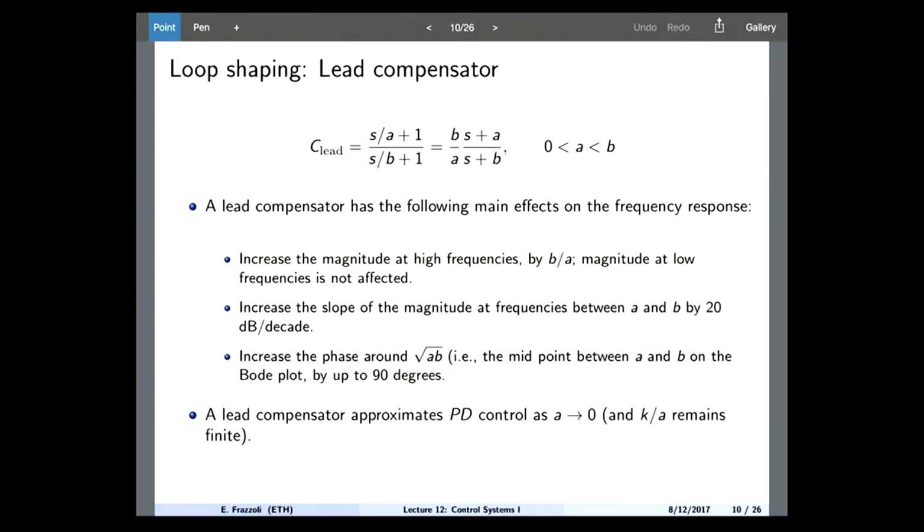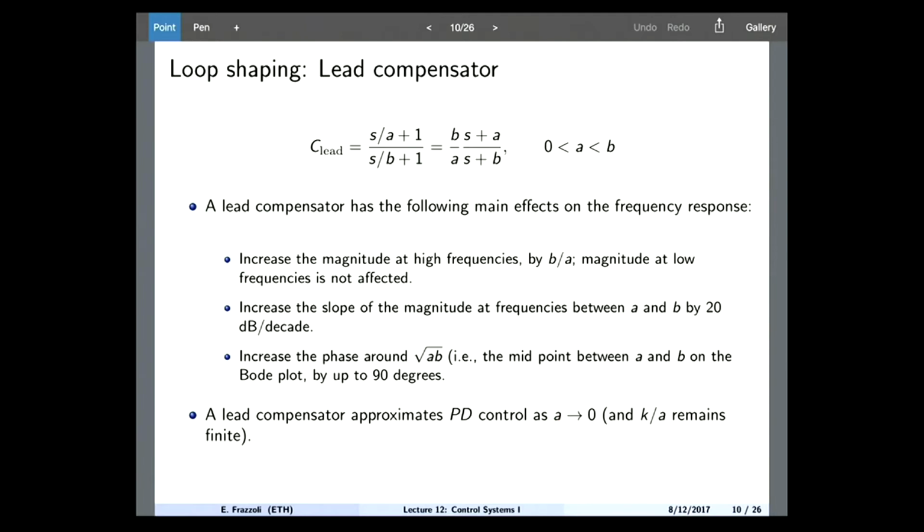The main thing is that we are increasing the phase around square root of AB, providing a phase lead around the geometric mean of the pole and the zero. And clearly, as I said before, the lead compensator approximates a PD controller as you make A go to zero. This is what we said before.